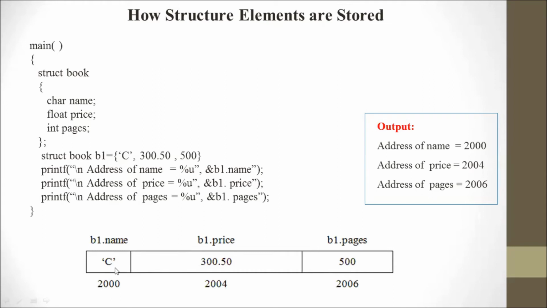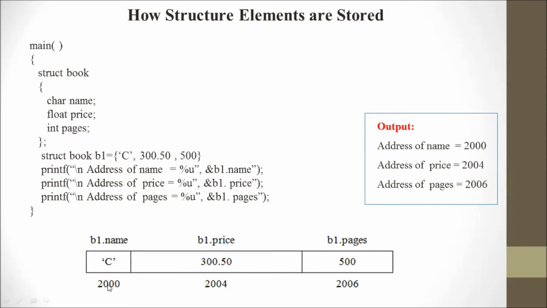So this b dot name variable address is 2000, and this is the price address 2044. This is the float type, so this will store 4 bytes, because the memory in a structure is stored in sequence.